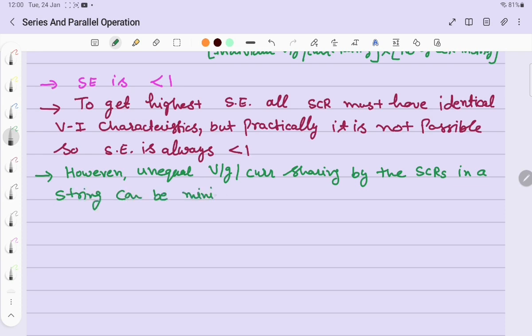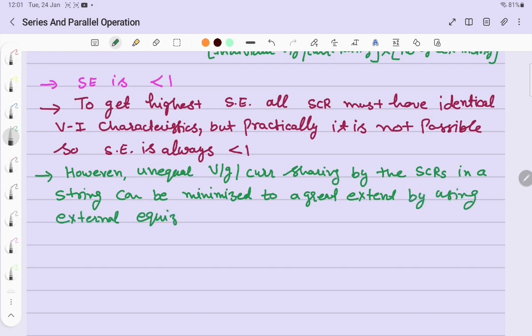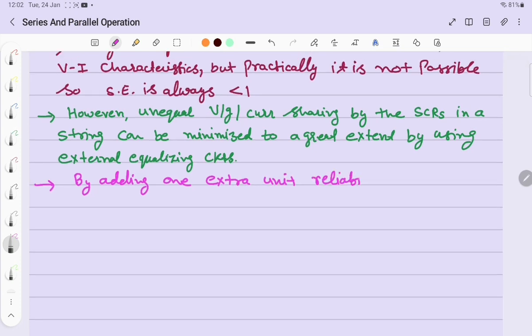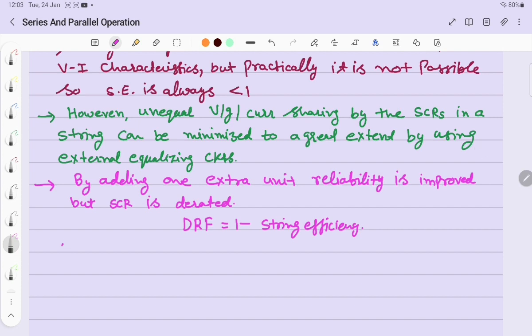Then the string efficiency would be unity if all SCR had identical characteristics. But this is not possible practically. That is why string efficiency is always less than 1, right?